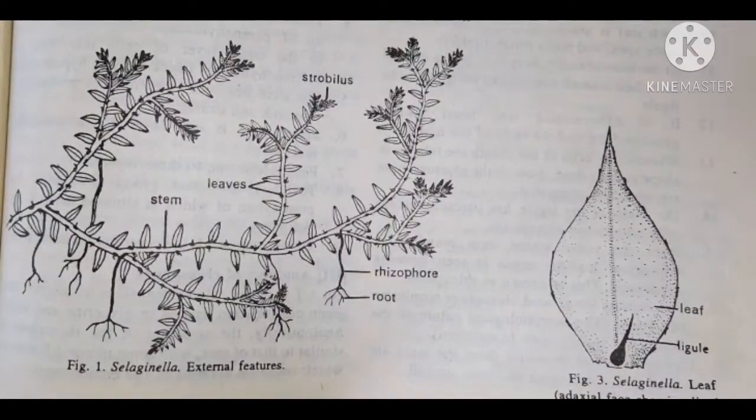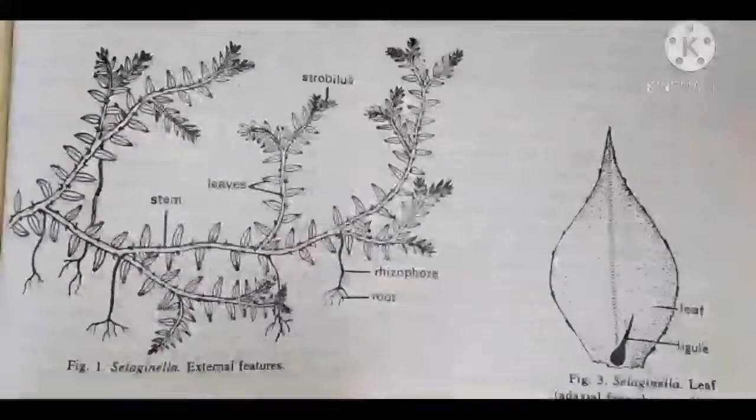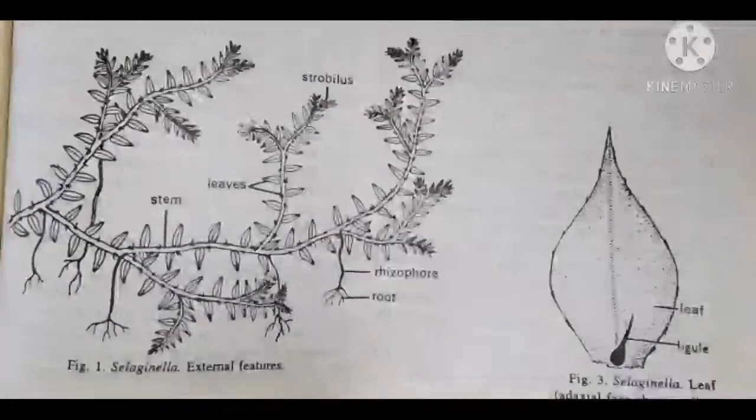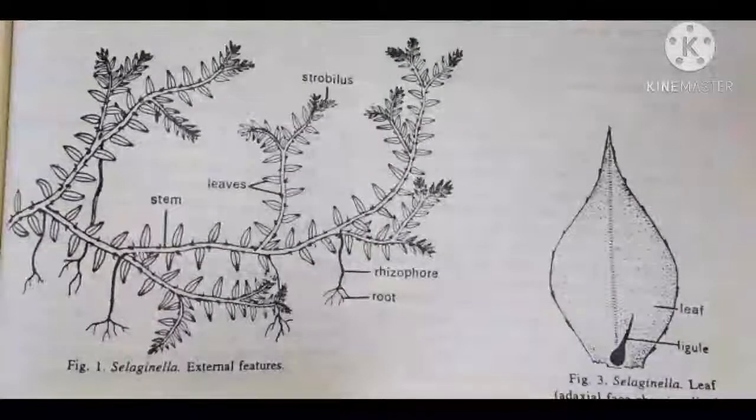Others are sub-erect. Few are climbing. The climbing species have rhizophores. Also, the prostrate species can show the presence of rhizophores.